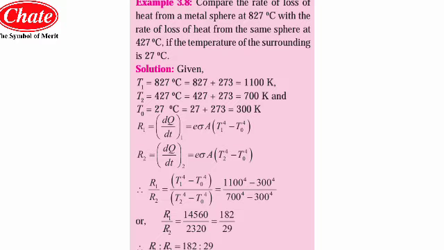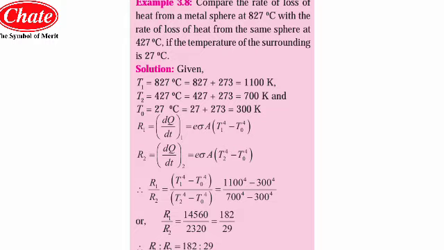The formula for it is: the rate of heat loss may be calculated as dQ by dt is equal to E into sigma into A into bracket T1 raised to 4 minus T0 raised to 4. That will be the difference between the temperature of that particular metal sphere minus the temperature of the surrounding. We have to just make its subtraction. So R1 is equal to dQ by dt is equal to E sigma A into bracket T1 raised to 4 minus T0 raised to 4.